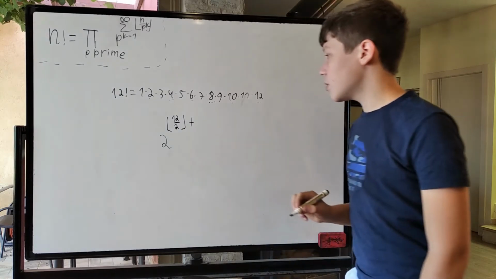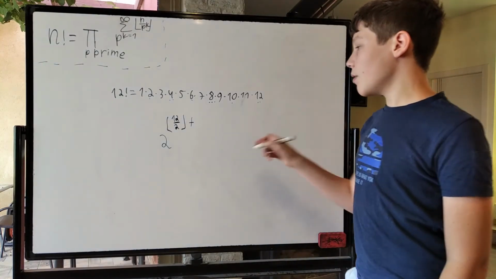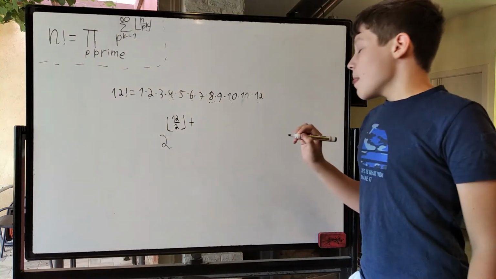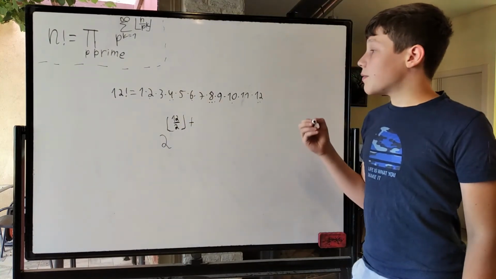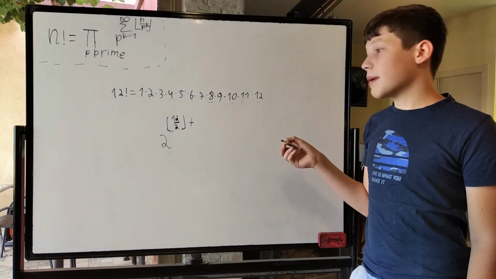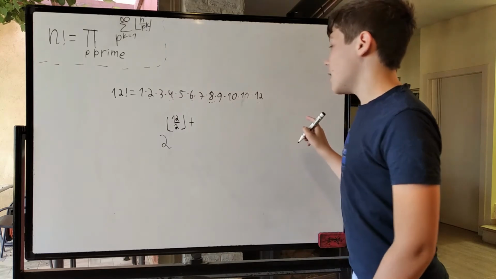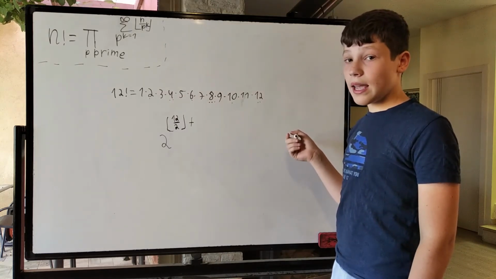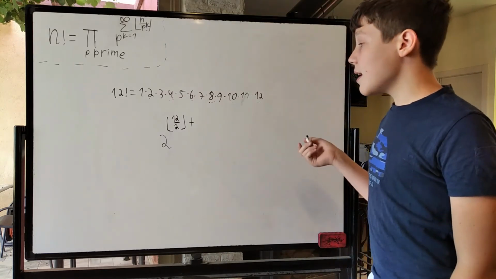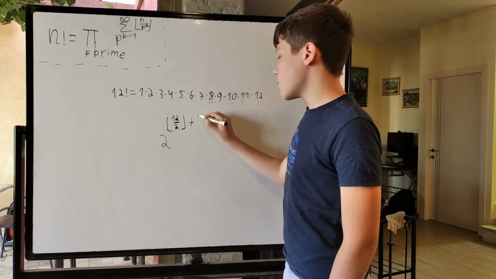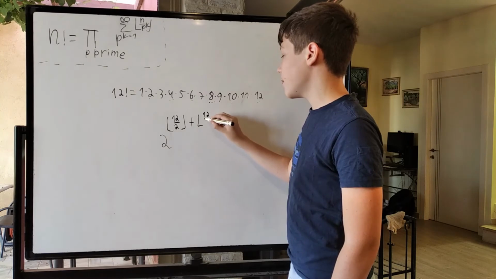The next one is the floor of 12 divided by 4, because we need to account it again 1 time for each multiple of 4. And the amount of multiples of 4 is, by what we derived earlier, the floor of 12 divided by 4.